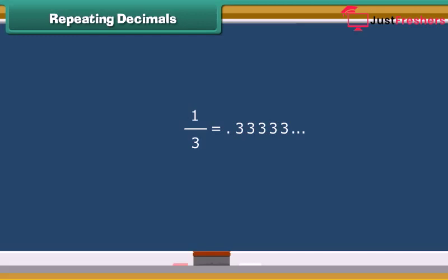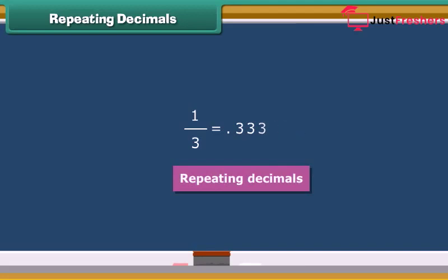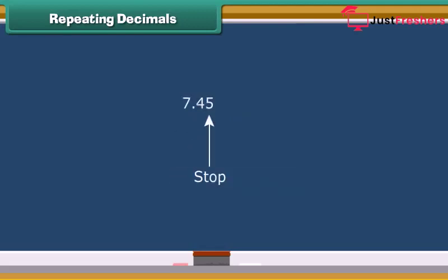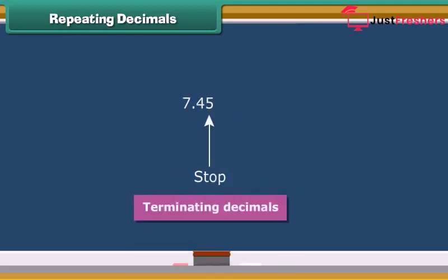So these decimals are termed repeating decimals. You can round off the number after the 3 to 3/10 or 3/100, but it is more accurate to put a line over the last number. This line indicates that the number keeps on going. And the decimals that stop are called terminating decimals.